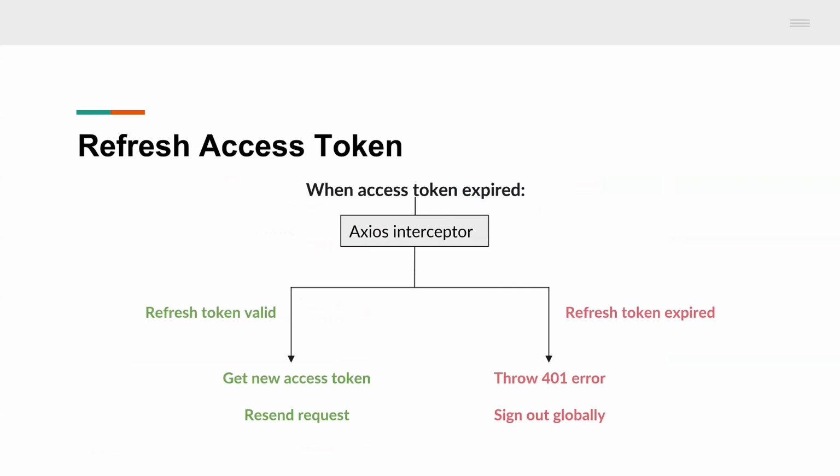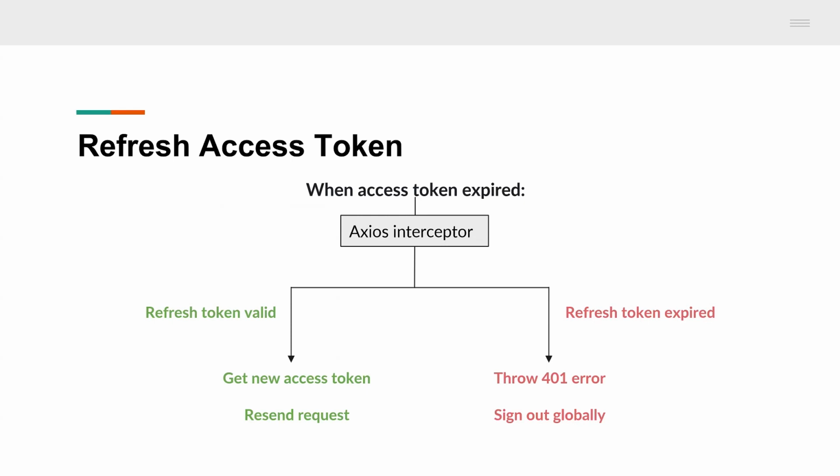Next, in the backend, we also implemented a feature for refreshing the access token for seamless refresh. Users don't need to log in again after their first login. Upon login, the user receives both an access token and a refresh token. When the browser makes a request to a secured API endpoint, the access token is verified using JWT.